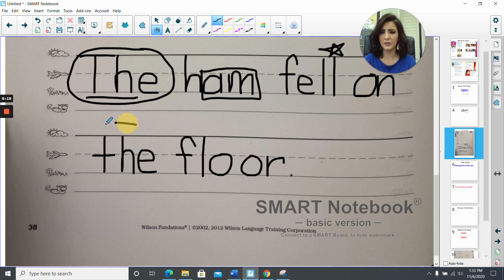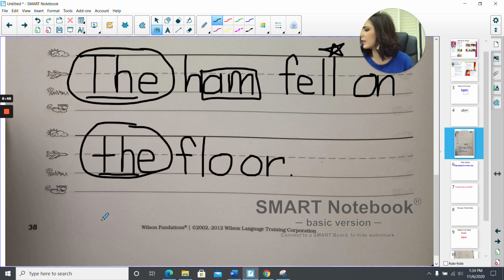We're going to circle the again down here. Underline the digraph, TH, and then nothing on floor. So let's go ahead and practice reading the sentence 2 times together. Ready? The ham fell on the floor. One more time. The ham fell on the floor. Great job.